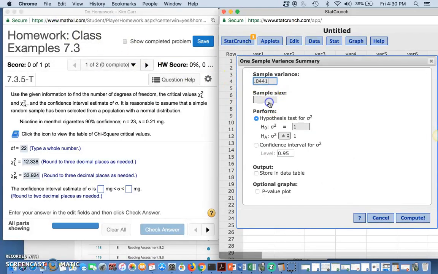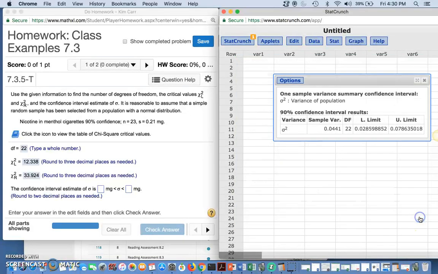Okay, the sample size, the actual size is 23. We want to find a confidence interval, and our confidence interval, we want it at 90% or 0.90, and we compute. All right, now these lower limits and upper limits are given as variances.